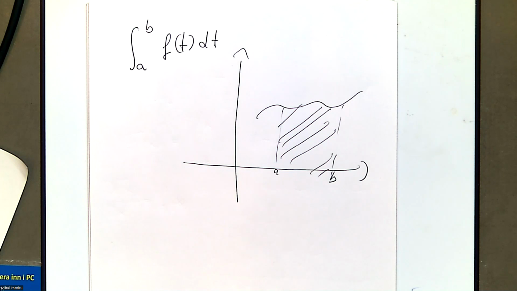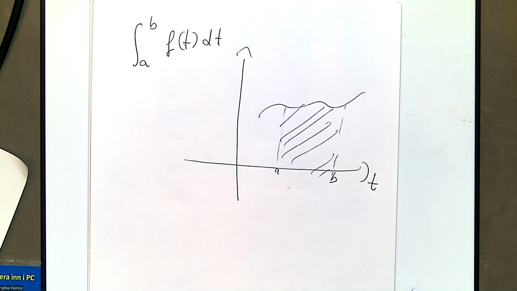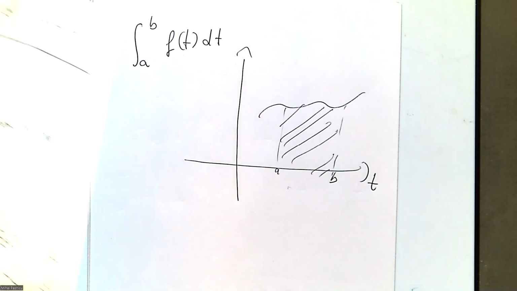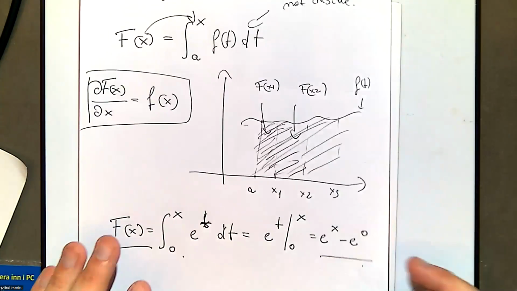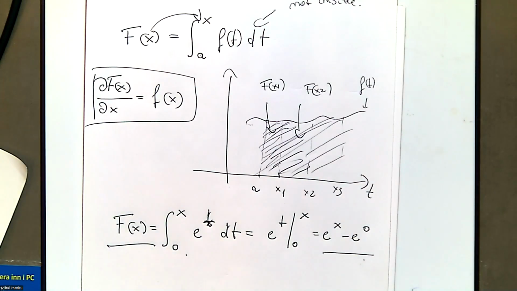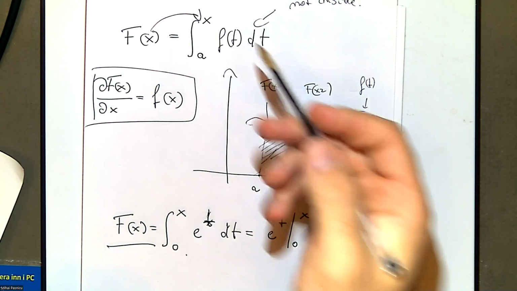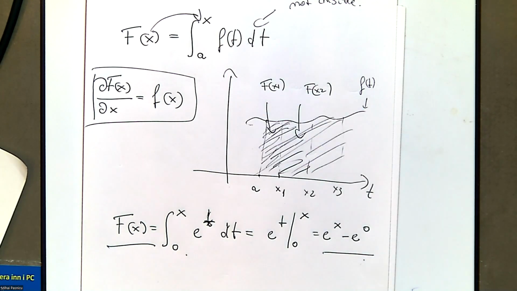Now, you're asking me if this graph is of t or whatever. The way I would answer it is this graph here does show t. This horizontal line does show t. And a and b are just possible values of t. So in that regard, you can interpret that this is again t, and the x is just a possible value that the t can get.